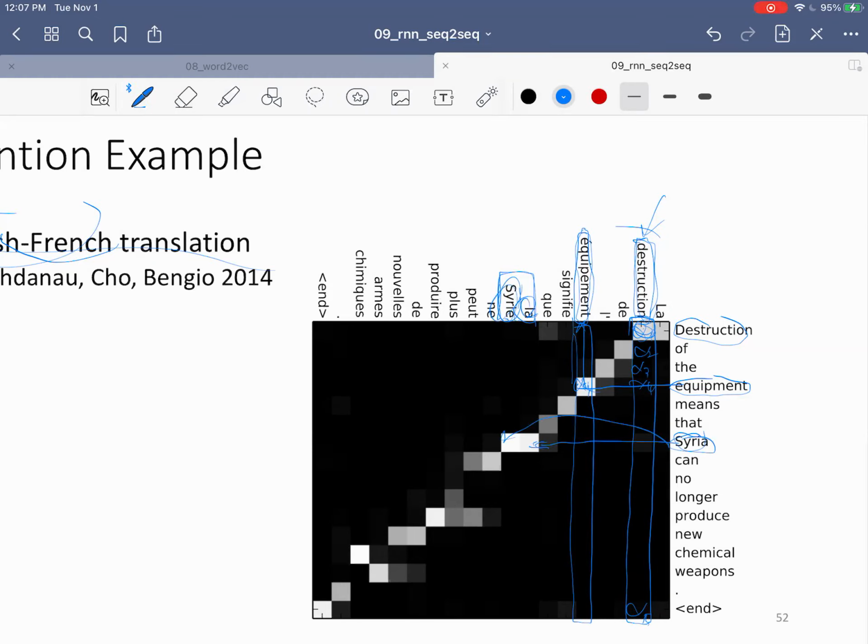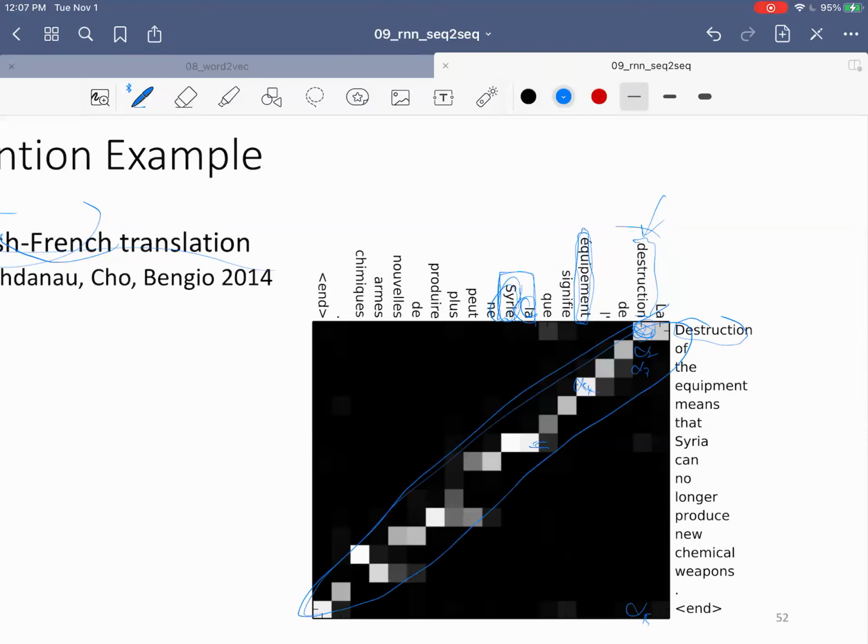So by studying the attention weights, you can see what's happening inside the neural network model. Because French and English come from the same Latin root, they have a very similar linguistic structure, which is why you see a very nice diagonal line here.